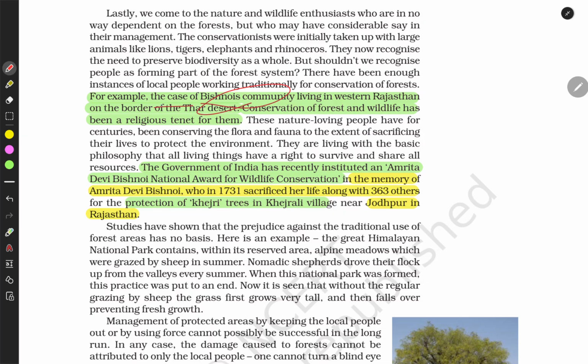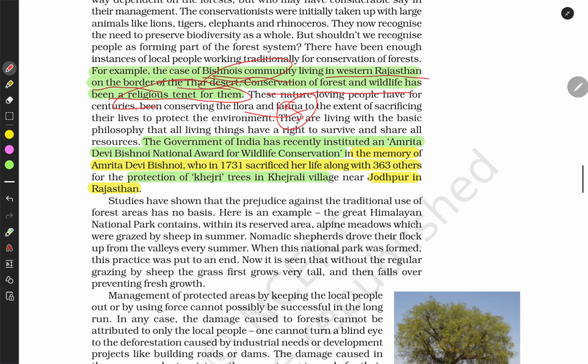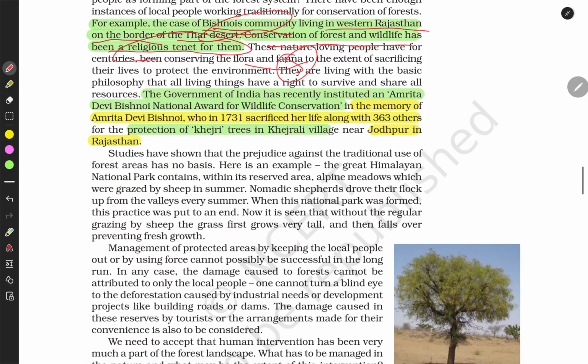In this case, the Bisnoi community living in western Rajasthan on the border of the Thar Desert, conservation of the forest and wildlife is a religious tenet for them. So they also initiated preservative efforts by conserving their nearby wildlife.